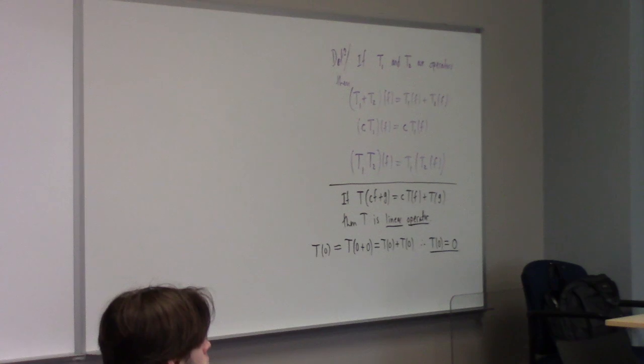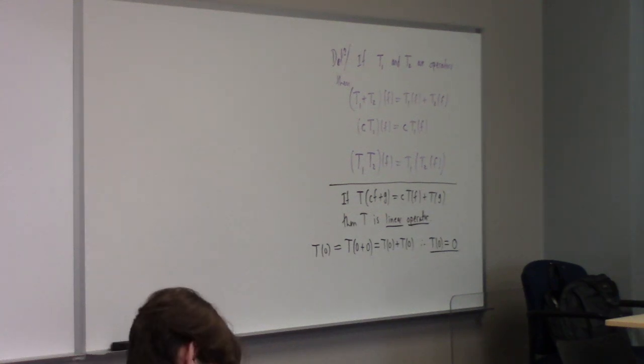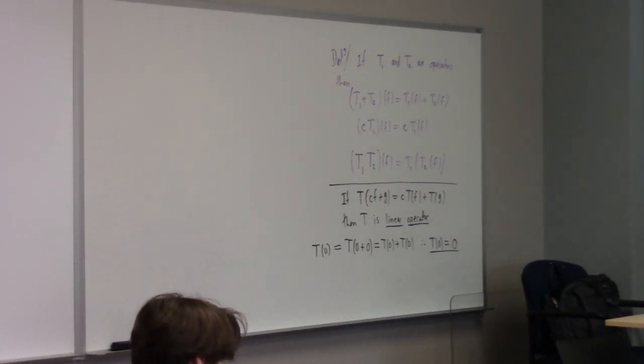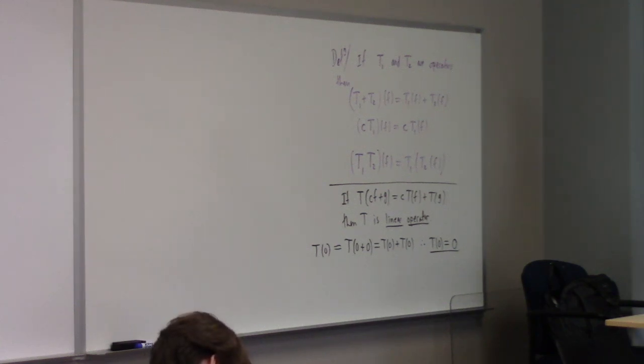These guys cancel, right? And then what are you left with? e to the lambda x. What happens when we hit d minus lambda on that? 0. So this is 0. So apparently, (d minus lambda) squared has solutions e to the lambda x and x e to the lambda x.